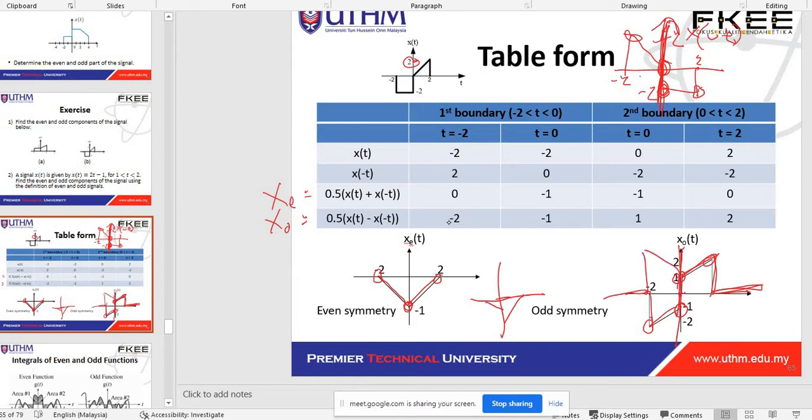Okay, and then mirror image at the x-axis or not? If yes, then that would be the odd signal. Then you know that your answer is correct. So any question to ask? That is about the even and odd signal in which you need to use the formula to solve the question.